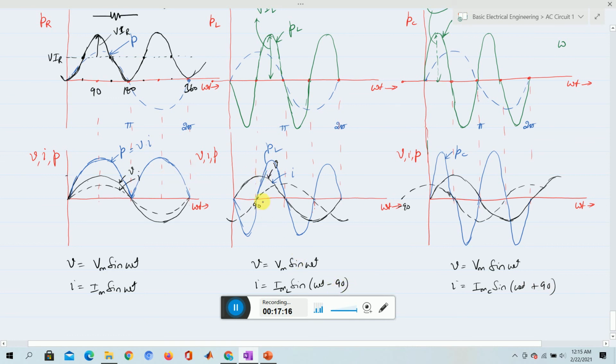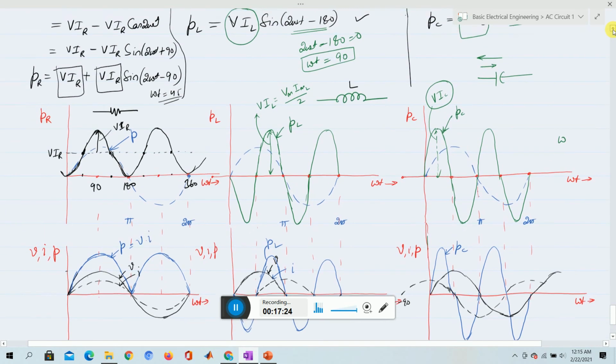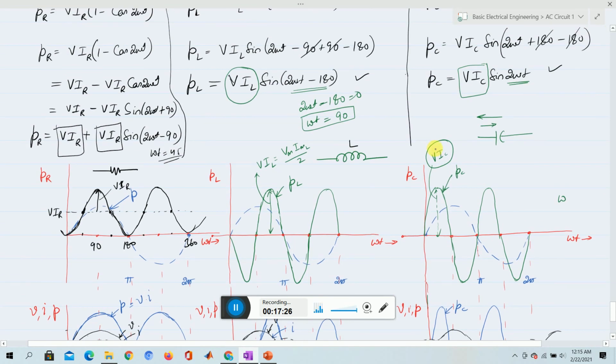So we have got this from VI. We can also get the waveforms from the power equation that we obtained in this way for the capacitor, for the inductor, and for the resistor. So this is the understanding of the power concept.